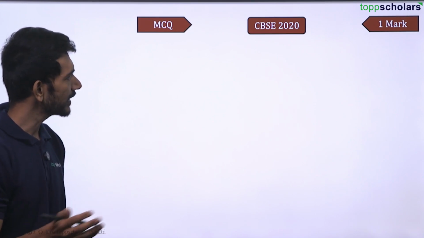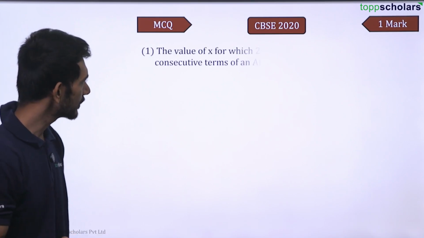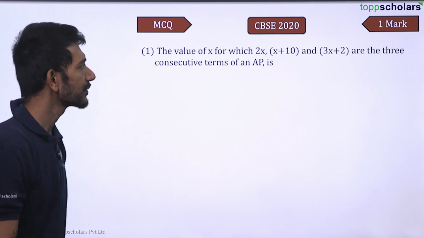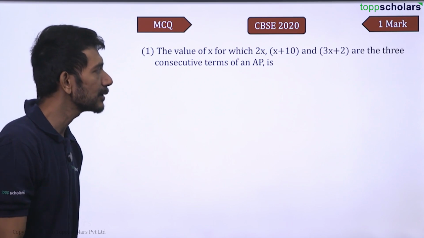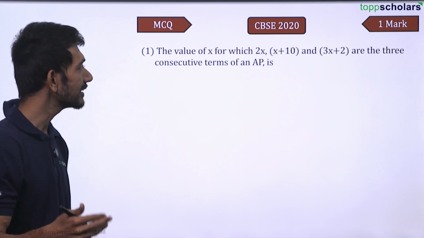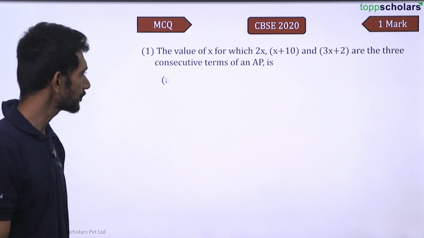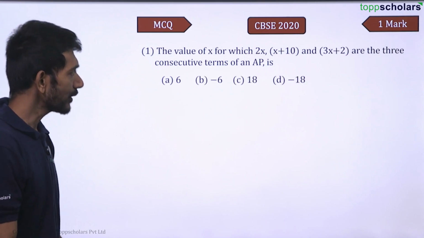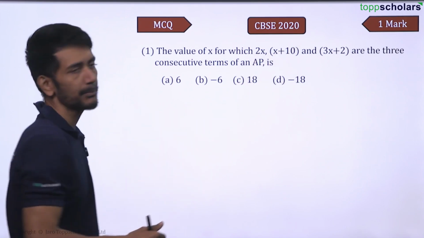The first question, we are taking it from CBSE 2020. The first question says, the value of x for which 2x, x plus 10 and 3x plus 2 are 3 consecutive terms of an AP is what? And the options are also given here. What they are saying is there are 3 numbers, they are in AP.